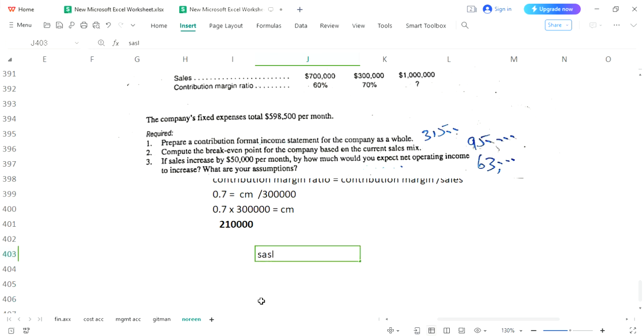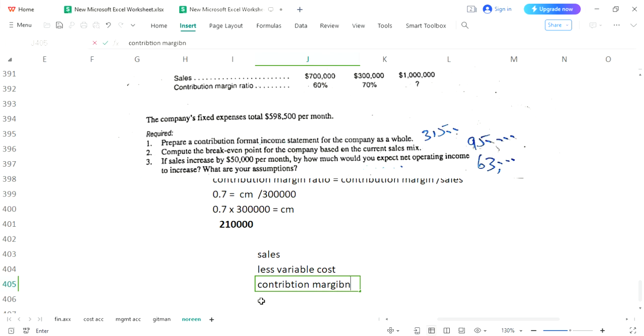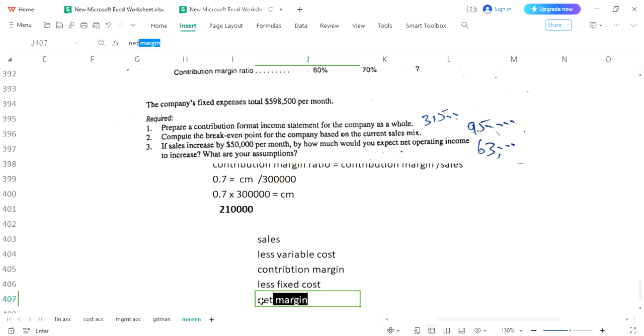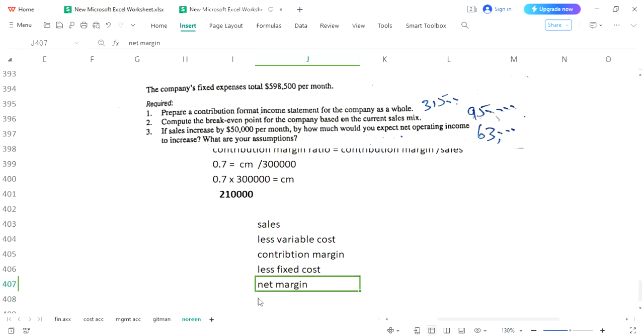First we write sales, and then we subtract variable costs. We get contribution margin, and then you subtract again fixed costs and get net margin. So this is our contribution format income statement which we have completed, but we have two products.